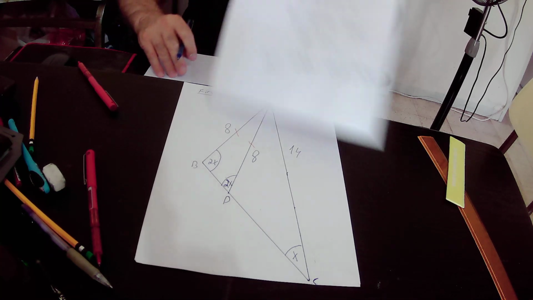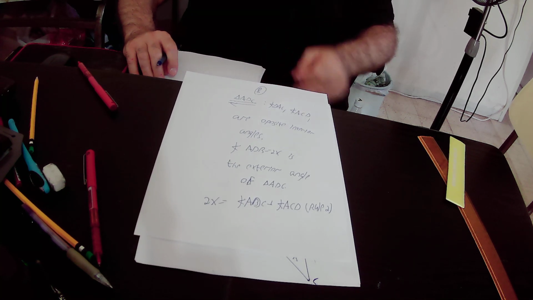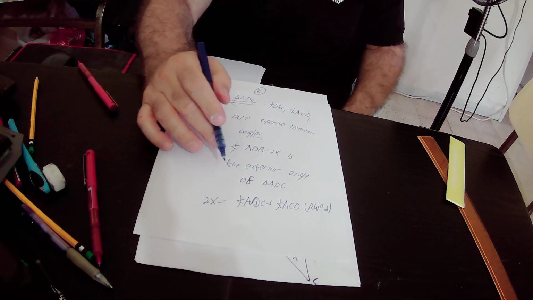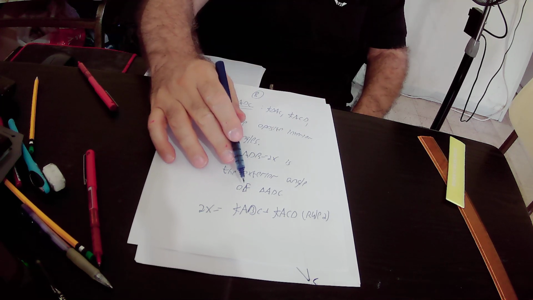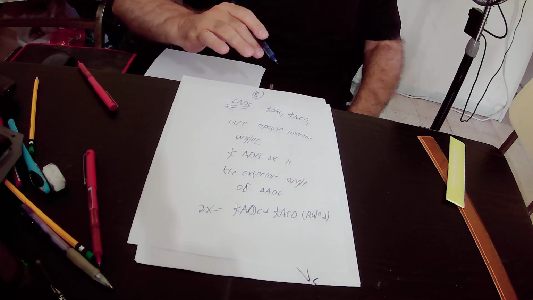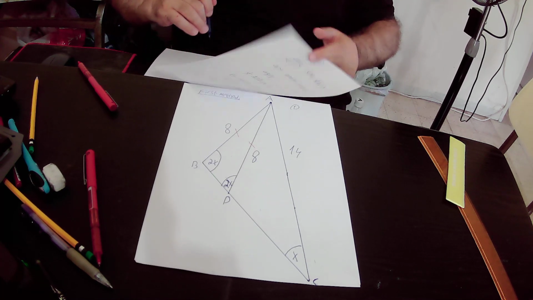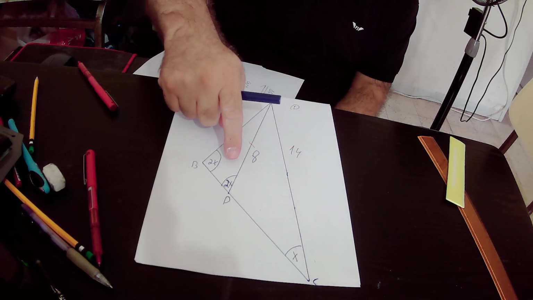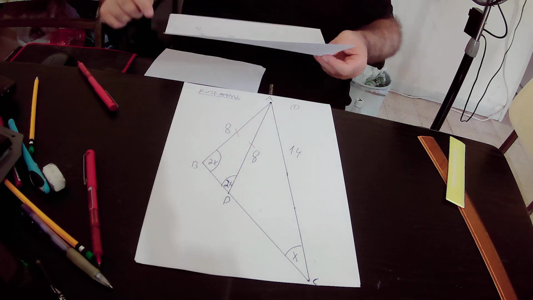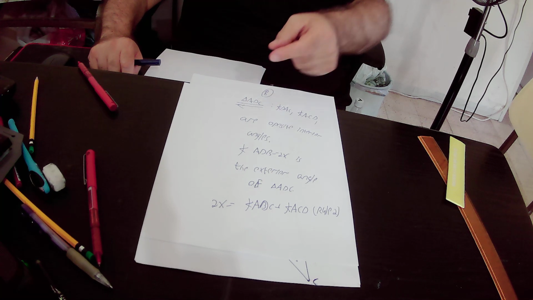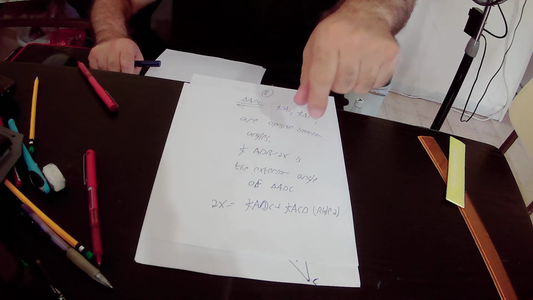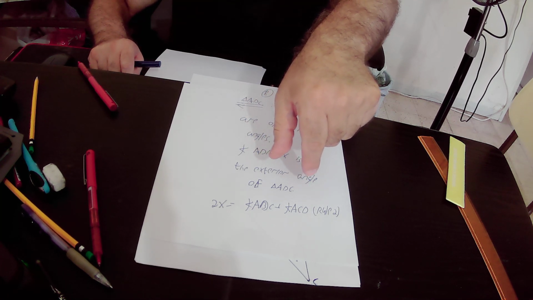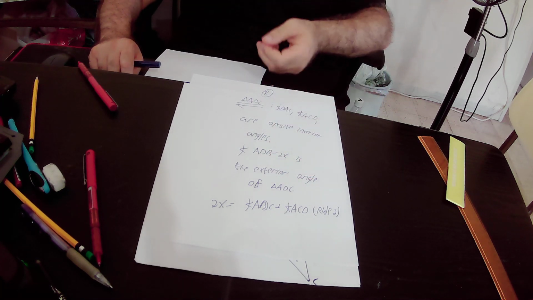The sum of those two opposite interior angles is equal to the exterior angle of triangle ADC.